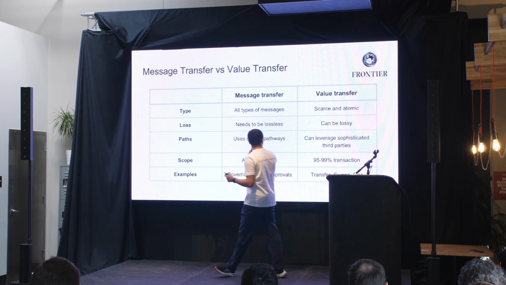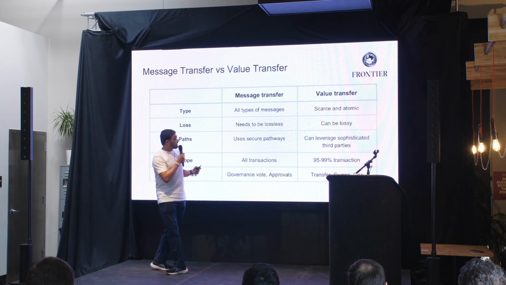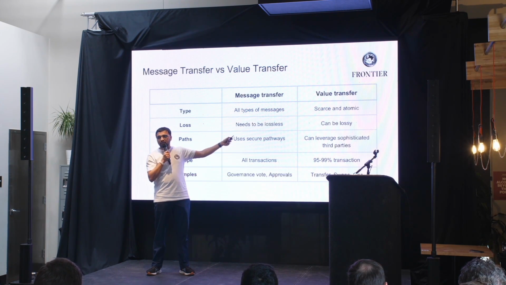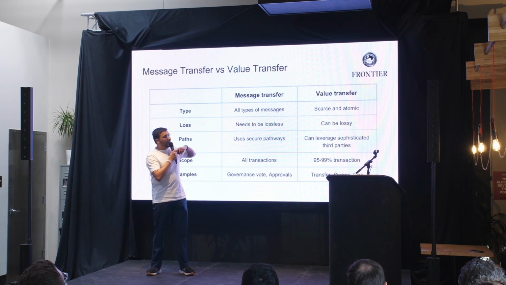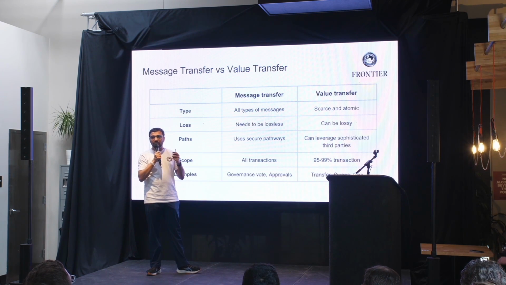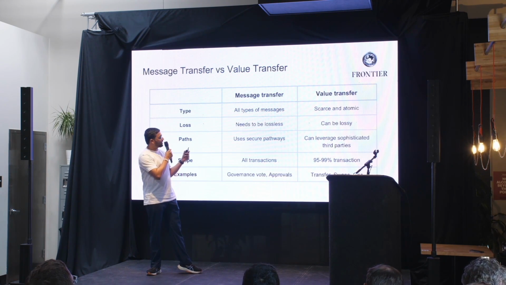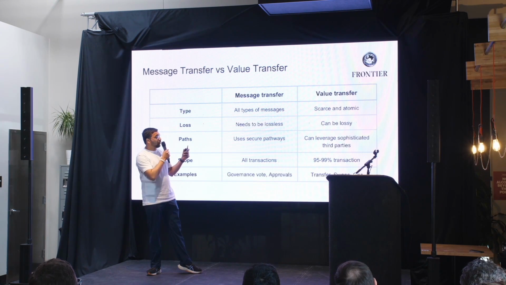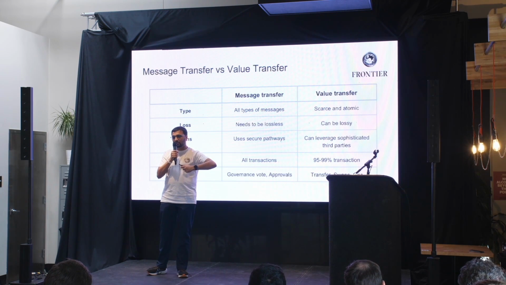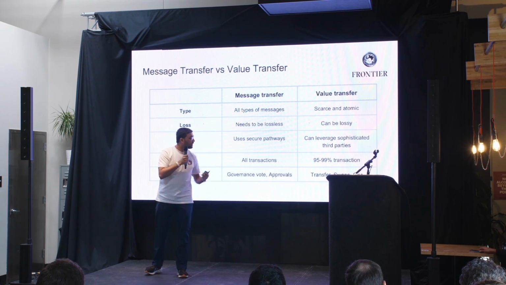The second type of transfer that blockchains are meant to do are value transfers, and this is what blockchains are made for. When you transfer value from one place to another, it has to be scarce. You need to maintain the scarcity and the atomicity of that transaction. If you're sending from one person to another, you need to deduct balance from the first person and credit the second.